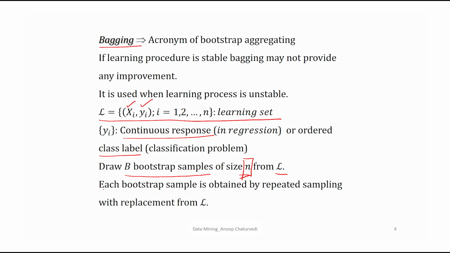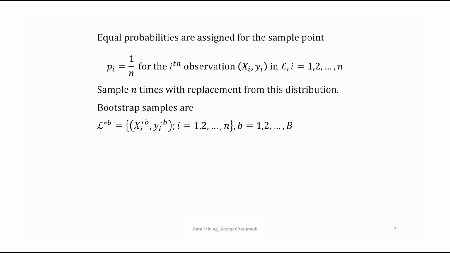Each bootstrap sample is obtained by repeated sampling with replacement from L. We also assign equal probabilities to the sample points. So, the probability of selection of the ith observation, denoted by Pi, is equal to 1 upon n. So, xi, yi, the ith observation of the learning set, is selected with probability 1 by n for all i equal to 1 to n.